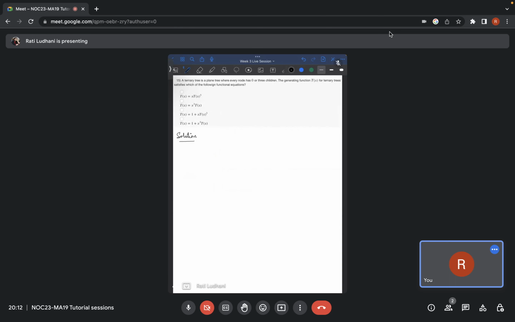A ternary tree is a plane tree where every node has 0 or 3 children. Now you have the condition that every node can have either three children or 0 children. This is the same as binary, but for binary you can have 0 or 2, and now you have 0 or 3. So what will be the generating function?